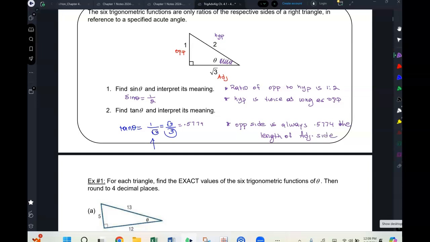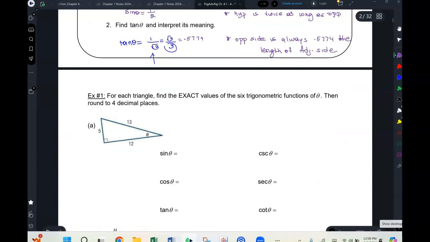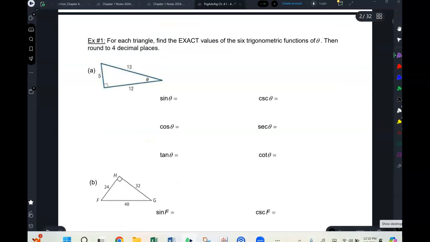Right? So if you scale this triangle differently, whatever the adjacent side is, the opposite is always going to be 0.5774 the length of it. No, because it's not 1 to 2 for this one. Yeah. Oh, yeah, in that form, yeah.